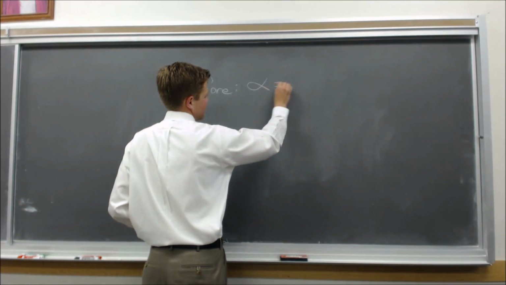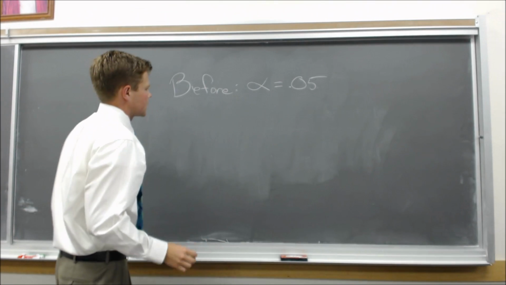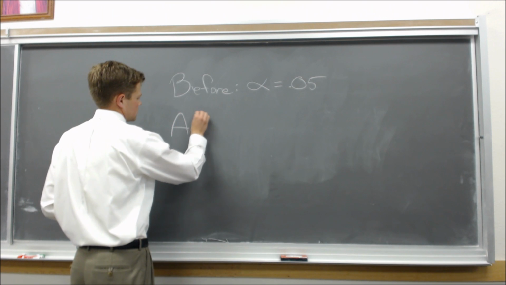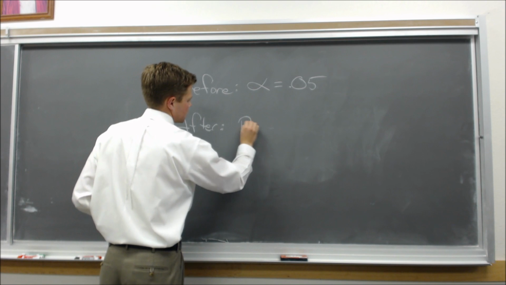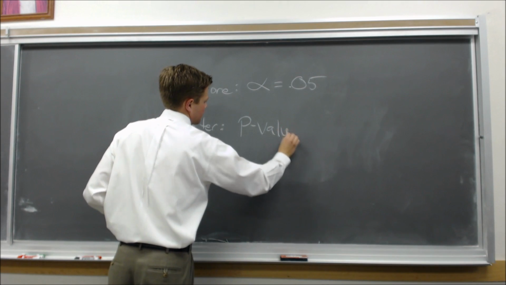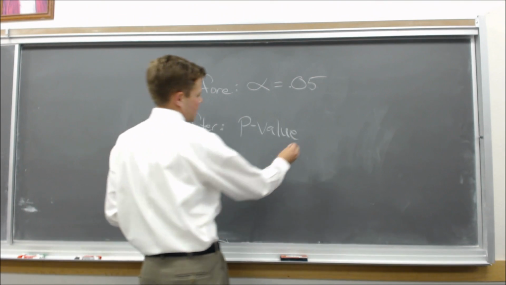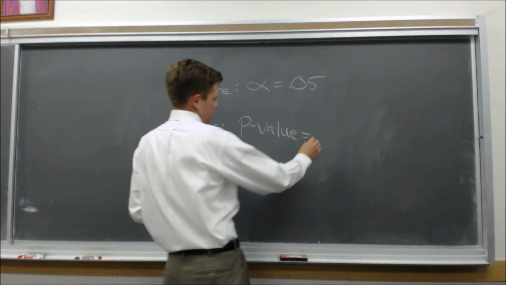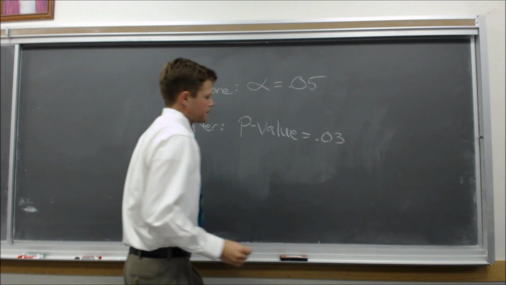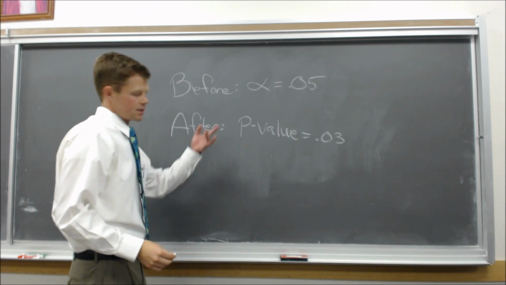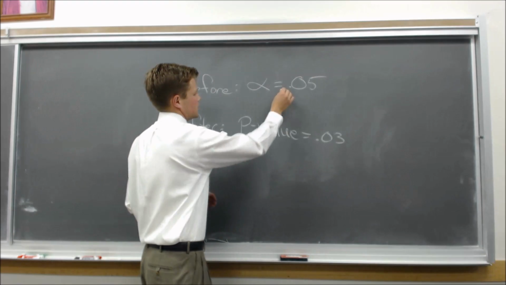Let's say we choose alpha to be 0.05. Then after, we're going to get a p-value. And let's say for this test, we found our p-value to be 0.03. Now, to decide whether to reject or fail to reject, we have to compare these two.